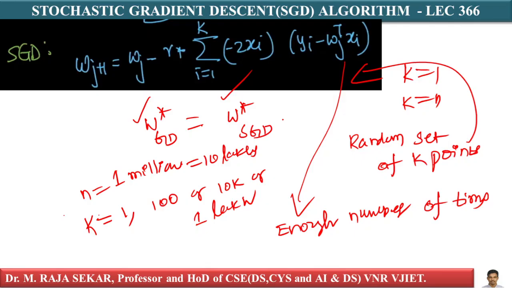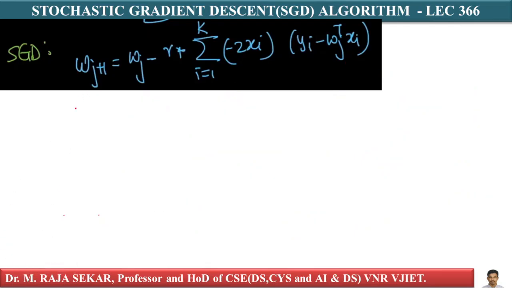Now your question could be, let's assume we are using gradient descent, and let's assume your n equals 1 million points. How many iterations? 100.